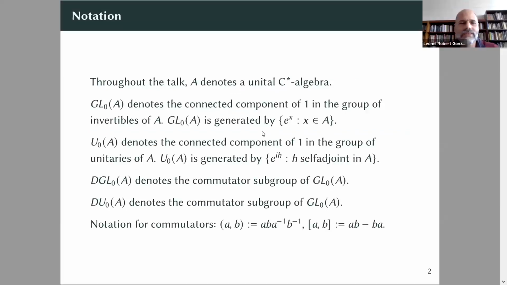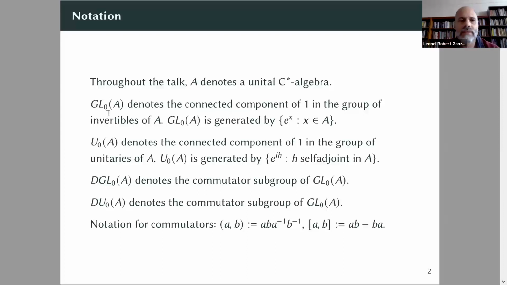Yeah, let me start with some notation. So A denotes a unital C*-algebra, and the hypothesis of unital is not necessary all the way across, but let's just assume it to keep things simple.